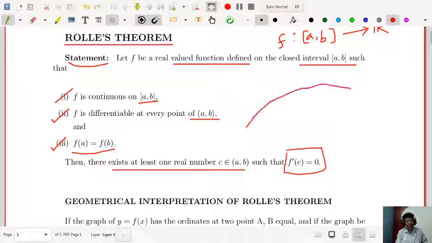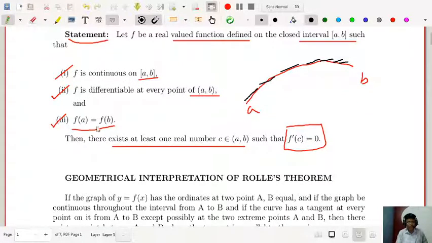If this is your curve, this is your a point, and this is your b point, at every point between a and b you can draw tangents. Differentiability means you can draw tangents at every point except a and b, because at a you will have the right derivative and at b you will have the left derivative. That is why Rolle's theorem uses the term open interval (a,b).